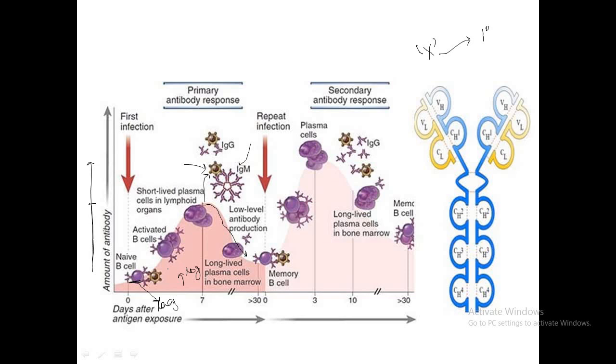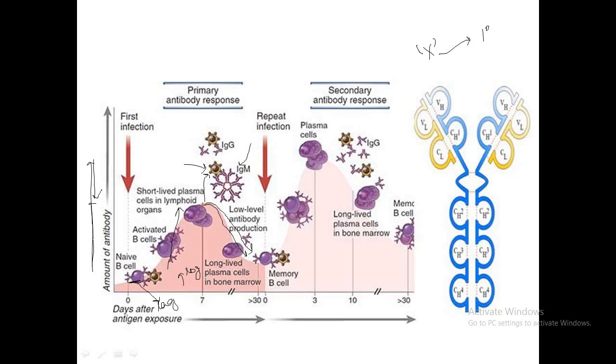During the log phase this curve moves upward, and when the antibody forms a complex with antigen, the body removes this antigen-antibody complex, and there will be a decrease in the concentration of antibody in our serum. You will see this curve falling downward, which means the concentration of antibody has decreased.